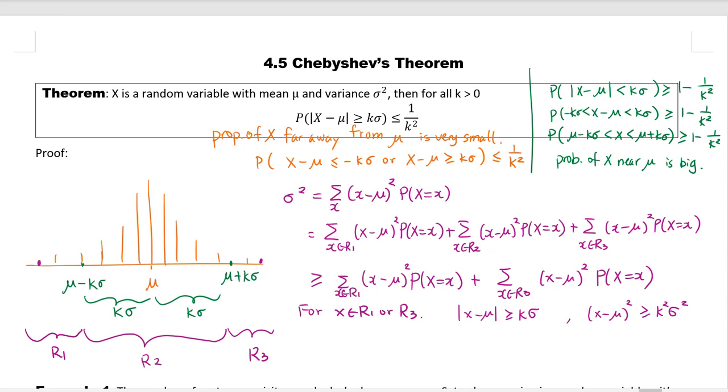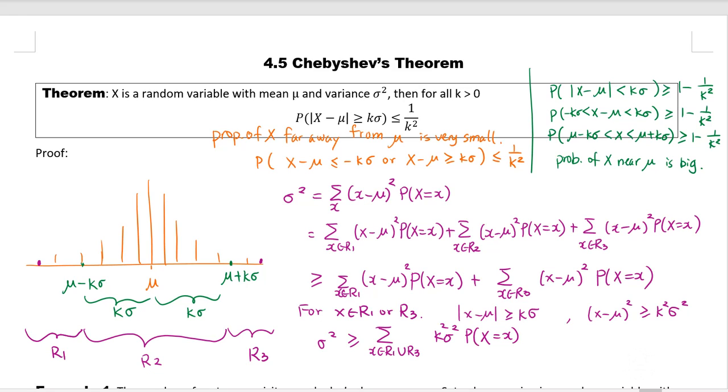So that's why we start with sigma squared, and this is greater or equal to the sum over the region R1 and R3, where x is in R1 or R3 and (x minus mu) squared is greater or equal to k squared sigma squared, times the probability that X equals x.